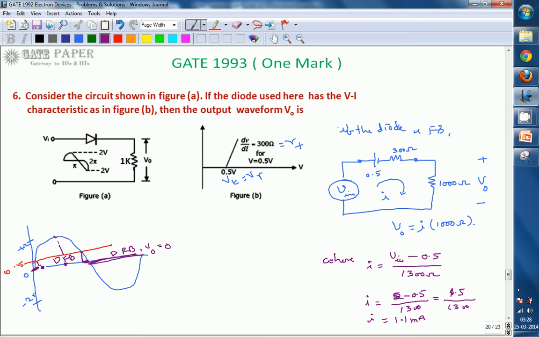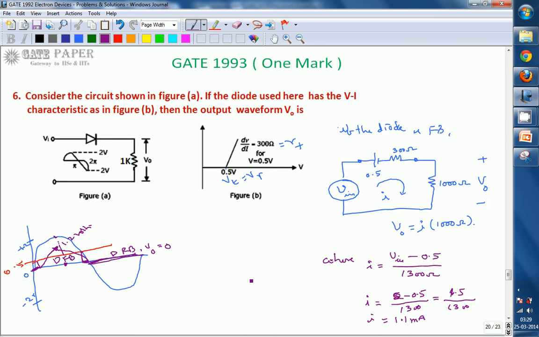The output waveform looks like this. It reaches 1.12 volts sinusoidally. The value at this point is 1.12, because I into R is maximum, and during reverse bias the output is 0.